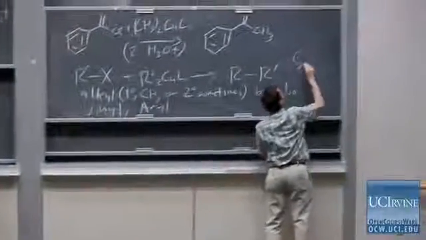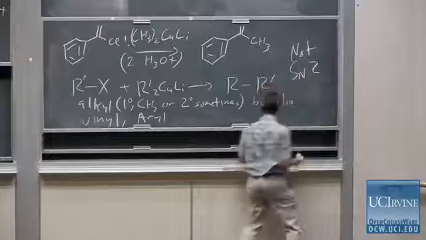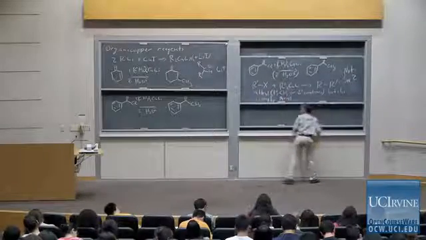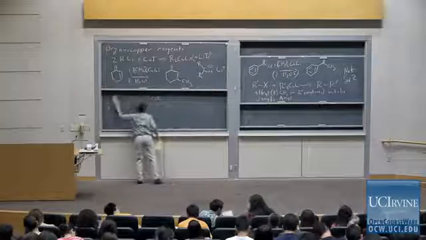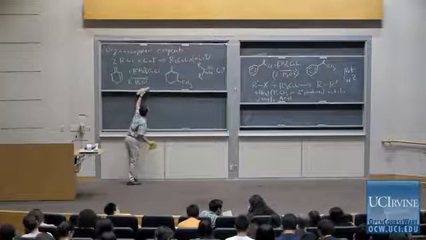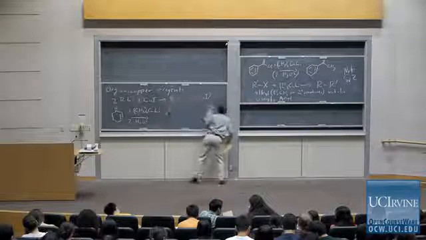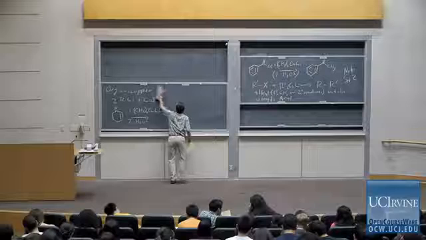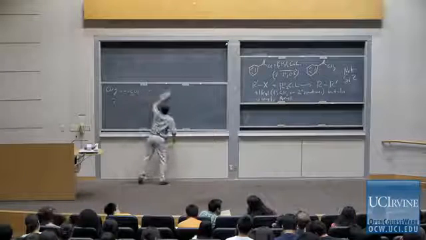So I'm going to say not SN2. All right. So what's special in this chemistry? What's special in this chemistry is that the copper is mediating the reaction. The copper is facilitating the reaction. And I'm not going to go into a detailed mechanism. I'll give you a mechanism for the Suzuki reaction, but I want to show you the gist of it.